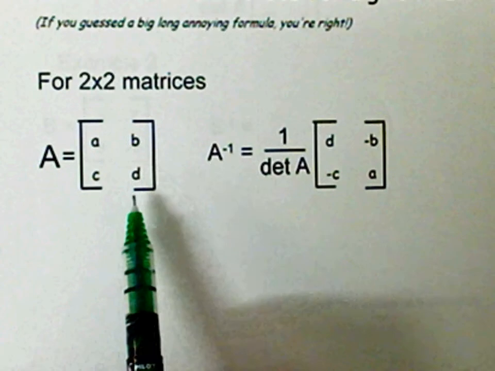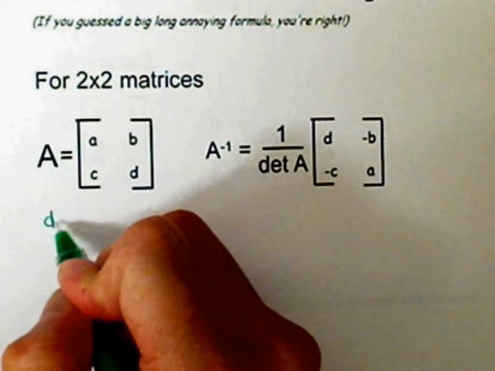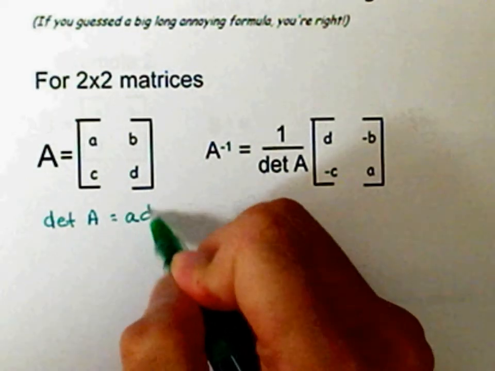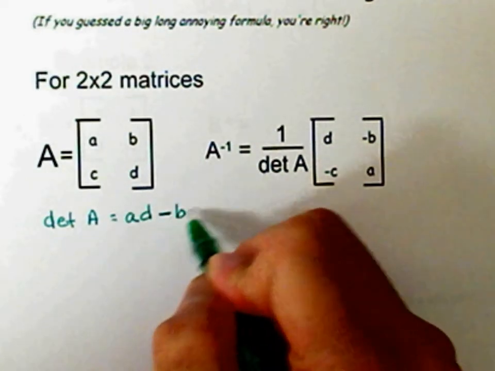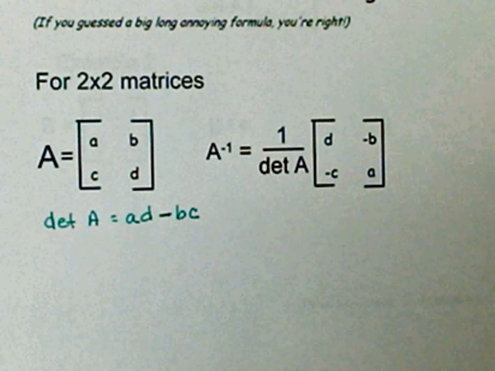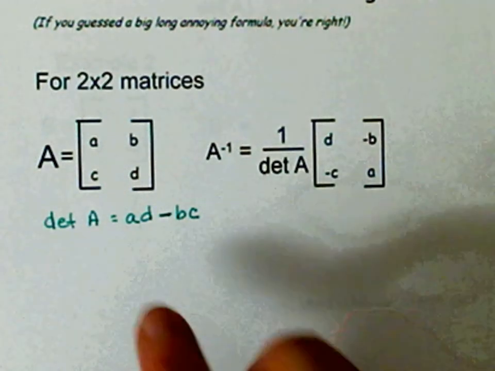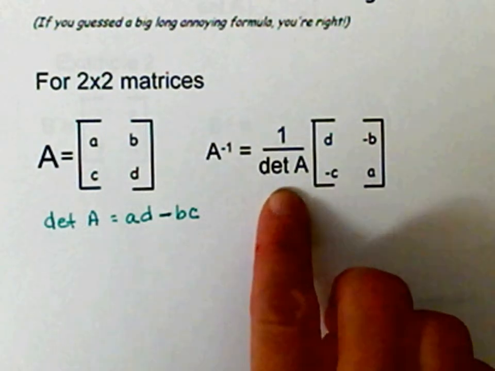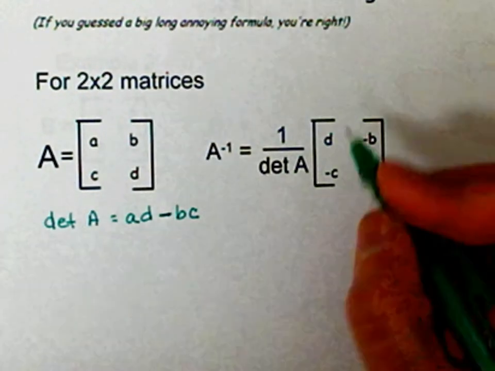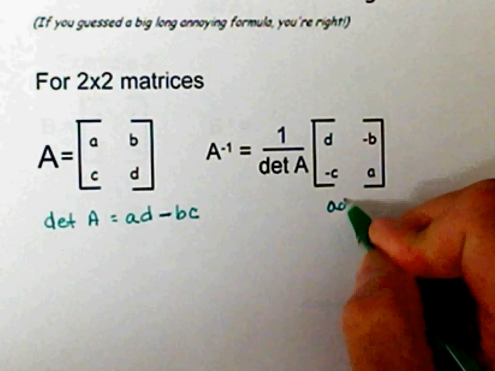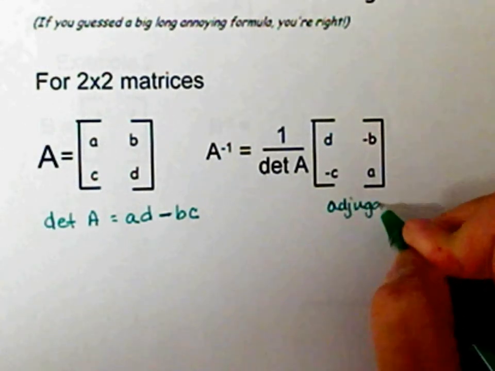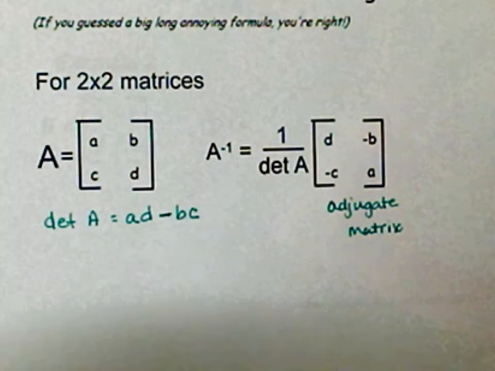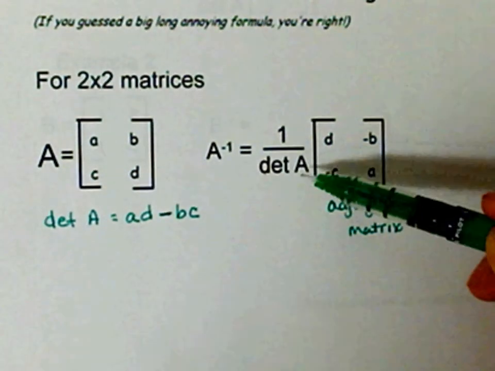To find the determinant of A, you take A times D minus B times C. Once you find the determinant, you're going to take the inverse of it, and multiply it times the adjugate matrix. You're going to find your inverse determinant times the adjugate matrix.